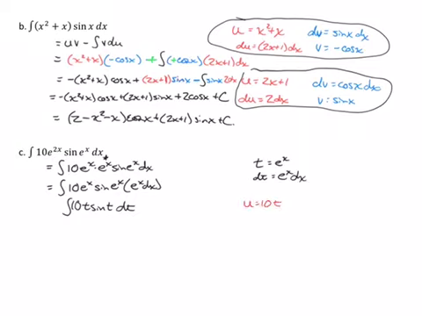And then dv will be everything else, sine of t dt. du is 10 dt, and v will be a function whose derivative is the sine, which is the cosine, but with a negative in front. And so now we do that little crisscross business, uv minus the integral of v du.